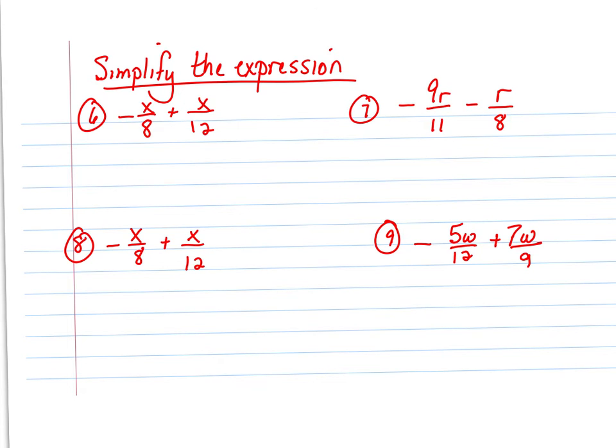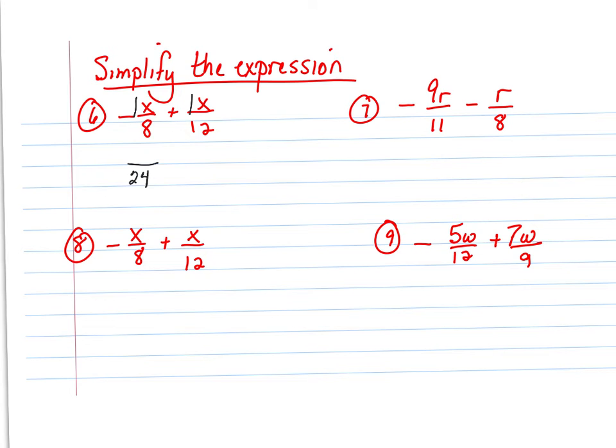We are going to look at -x/8 plus x/12. And always remember there's 1s in front of each x. Common denominator between 8 and 12 is going to be, I'm going to use 24.